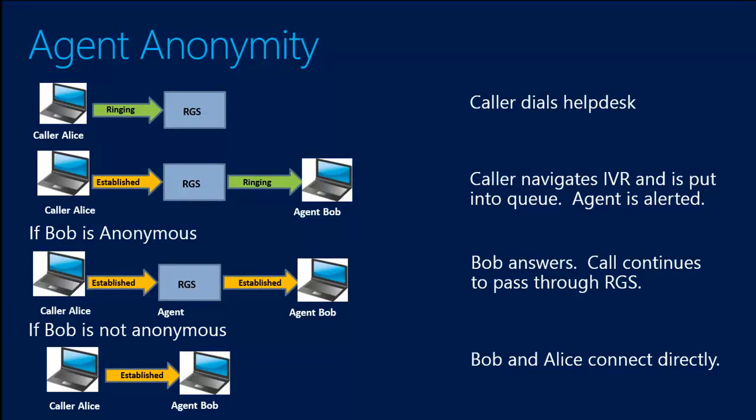So there are some limitations. Whenever you decide to go with anonymous or non-anonymous, you have to see what things can be done or cannot be done. Anonymous calls cannot start with IM or video through the agent. They can do hold and transfer, that's possible, but some features like desktop sharing and some others do not work when you go with anonymous.